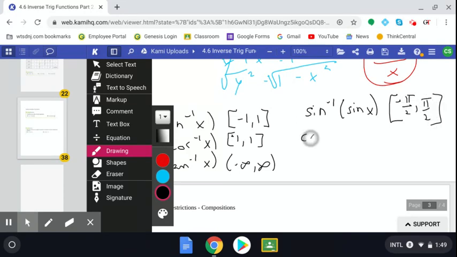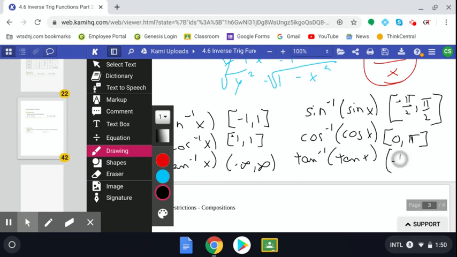And then for inverse cosine of cosine of x, you need to make sure that it's between 0 and pi, including. And finally arctan of tangent of x needs to be between negative pi over 2 and pi over 2, not including. So that takes care of that.